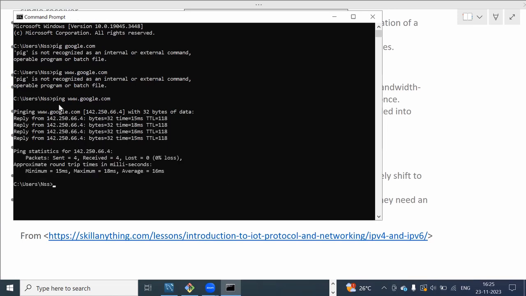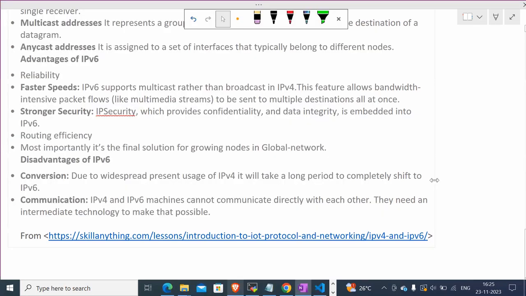Okay, it is coming in IPv4, though for many websites it will come in IPv6. It also depends upon the receiver side. Let's introduce this command, ping. Ping is used to ping the server to check whether the server is available or not. So here my server is www.google.com.